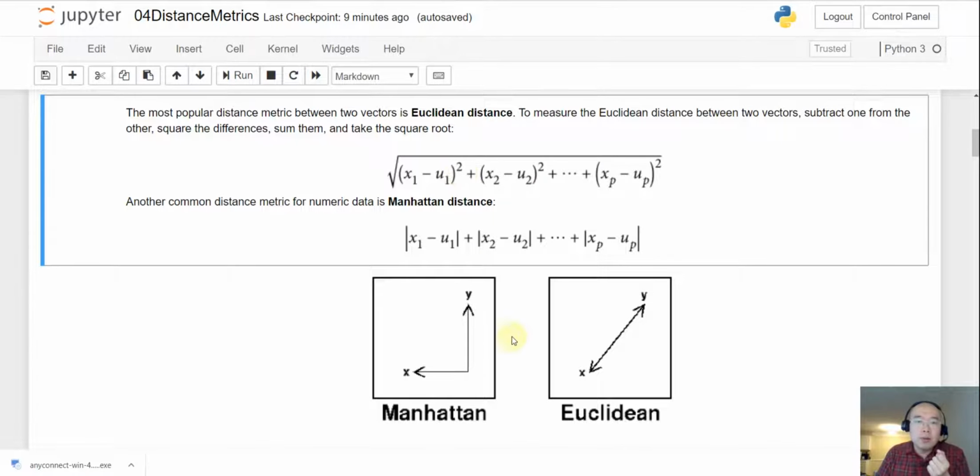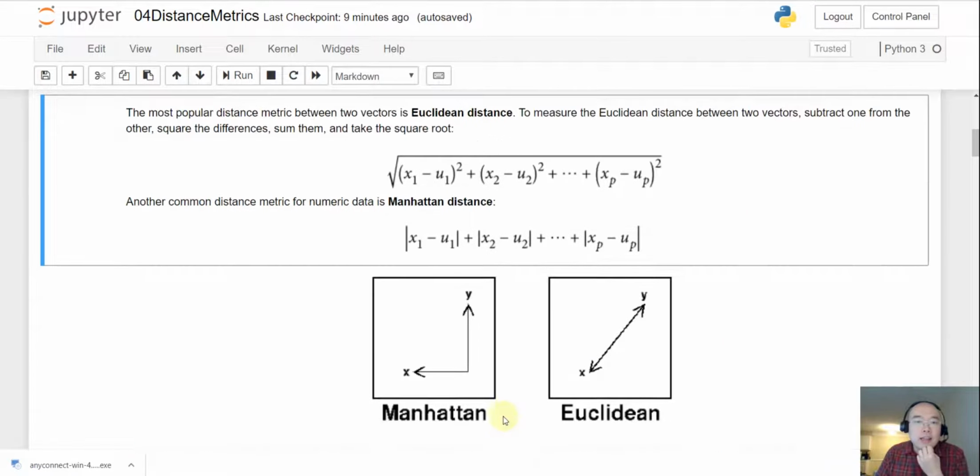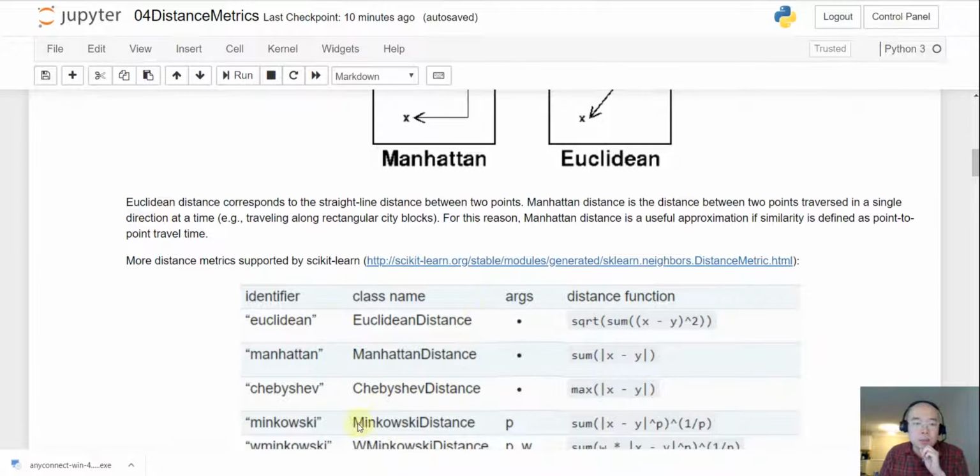For example, if we want Minkowski distance with p equal to 3, it will change to x1 minus u1 to the power of 3 plus x2 minus u2 to the power of 3, and then for the root, we take the root of degree 3 as well. So this comes to the Minkowski distance with degree 3.